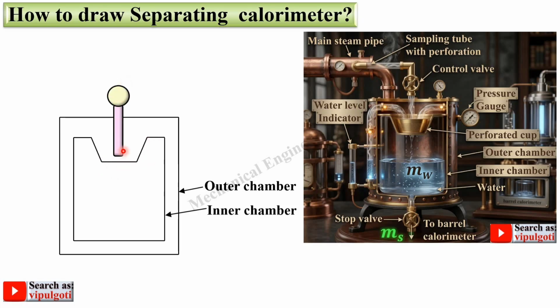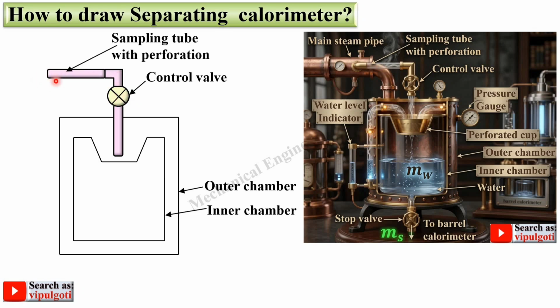This is the steam main pipe, provided with the steam stop valve, which is also called the control valve. And here this is the perforated sampling tube, and this is the main steam pipe. So this is actually the pipe perpendicular to this plane.